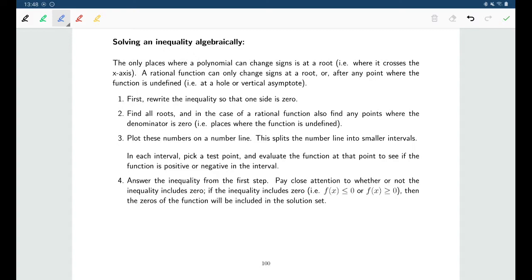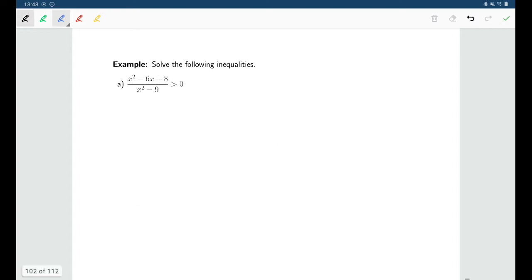So let's actually do a couple of examples where we solve an inequality algebraically. For the first one, we want to solve where this rational function is greater than 0. It's already got everybody on one side with 0 on the other, so far so good.